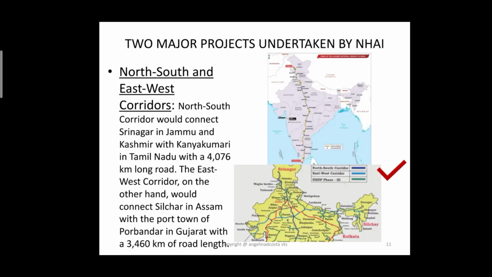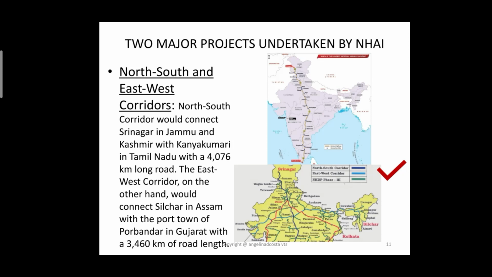North-South corridor would connect Srinagar in Jammu and Kashmir with Kanyakumari in Tamil Nadu with a 4,076 kilometer long road. The East-West corridor, on the other hand, would connect Silchar in Assam with the port town of Porbandar in Gujarat with a 3,460 kilometer road length.